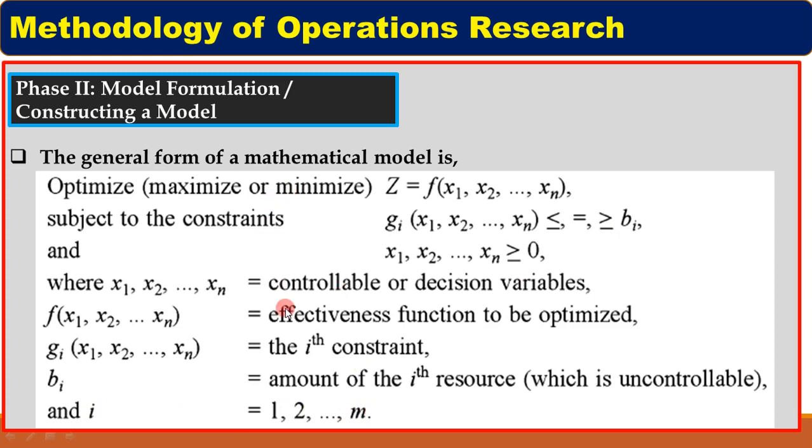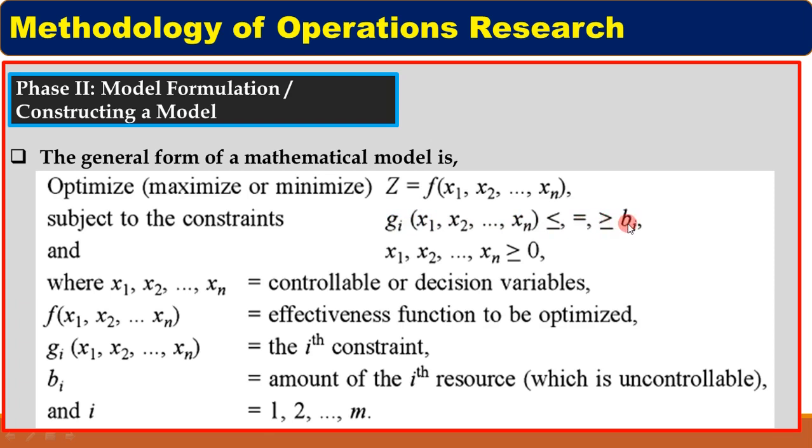So as a summary of this general form of the mathematical model, we have seen that first is the objective function, which is either to be maximized or minimized, represented by the letter z, which is a function of the decision variables x1, x2, xn. Second are the constraints. The constraints are again functions of x1, x2, xn, and are used along with either a less than or greater than or equal to type of inequality, or an equal to equality.